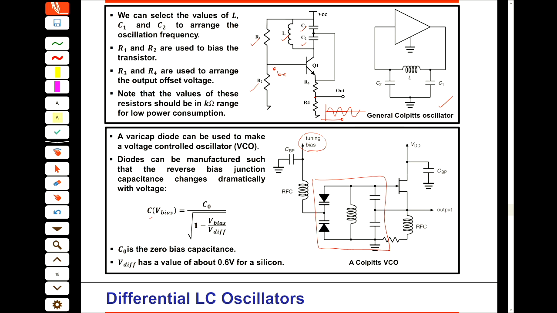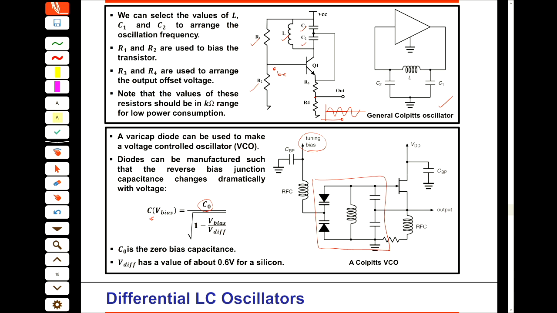The capacitance of a varactor comes from this formula. I mean, if the V bias is equal to 0, then it has an initial capacitance. So it always has a capacitance, a value. And then by increasing the voltage, this capacitance changes, actually reducing.